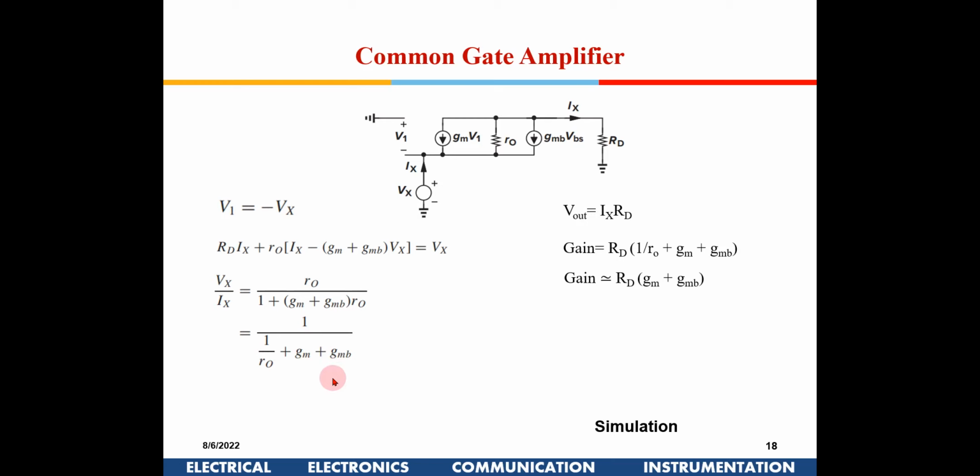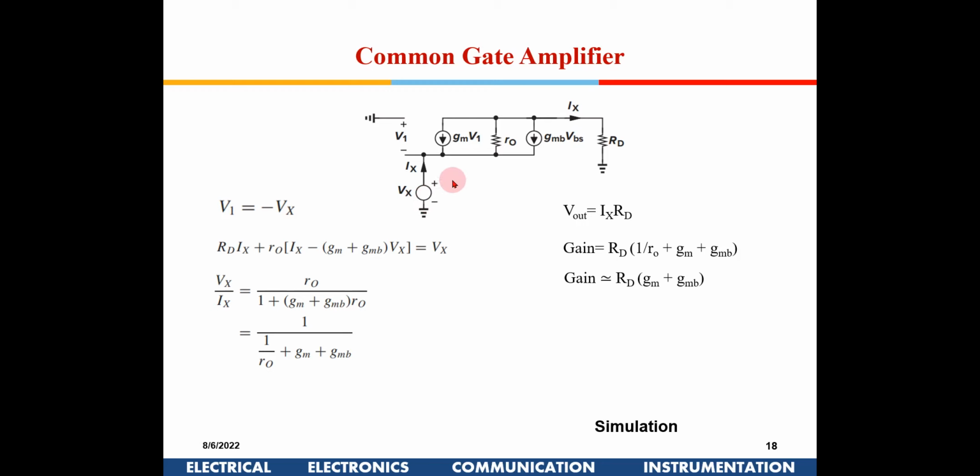Is this advantage of a CG amplifier clear to all of you? It has a low input impedance. If I keep the value of GM very large, I might have to use higher biasing currents, or I can use a large W by L. By that I can keep 1 by GM close to 50 ohms and things like that, so that I can easily connect an antenna of low impedance.